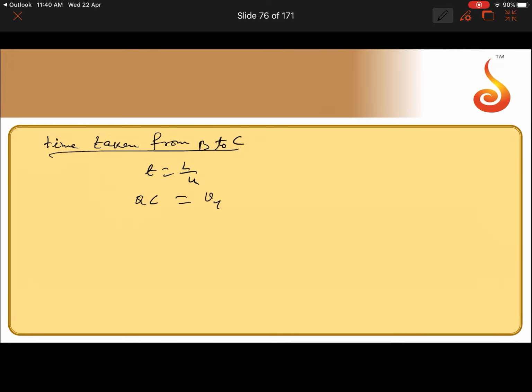The vertical component has also become constant because now no force is acting. Vy is e sigma by m epsilon naught times 2L by u, and time L by u.